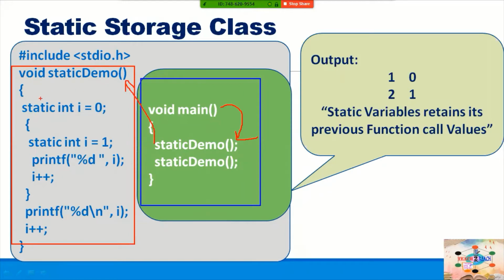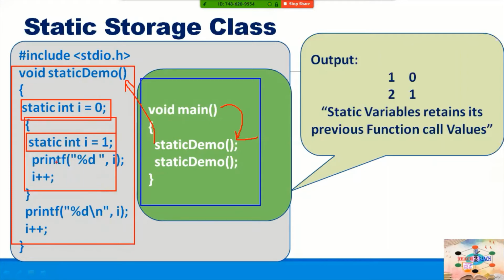In this static demo function, the same variable i is qualified as static type and initialized with 0 in the outer block, and in the inner block the same variable is declared and initialized with i value 1. This is called the inner block.